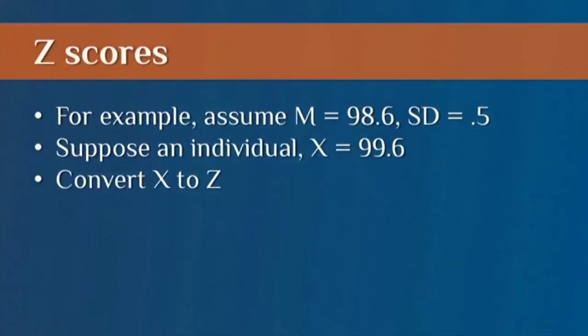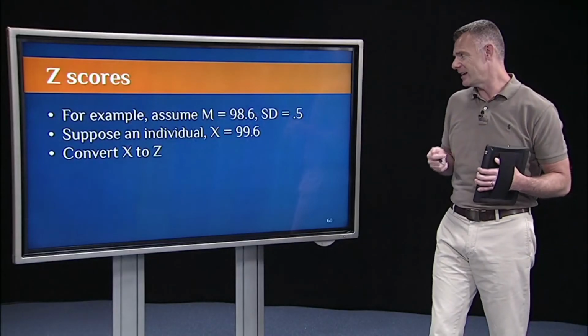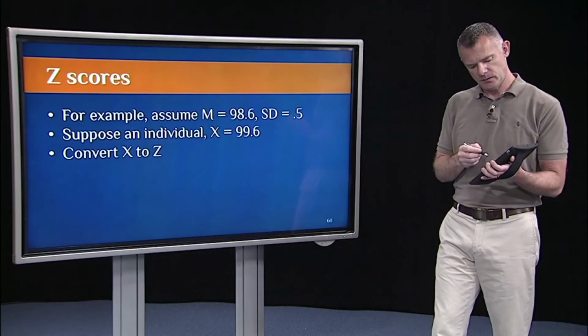Just to be clear, let's assume we have a normal distribution of healthy individuals where the mean body temperature is 98.6 degrees Fahrenheit and the standard deviation is about 0.5 degrees. Suppose I pick one individual from that distribution at random, and that individual's body temperature is 99.6 degrees.